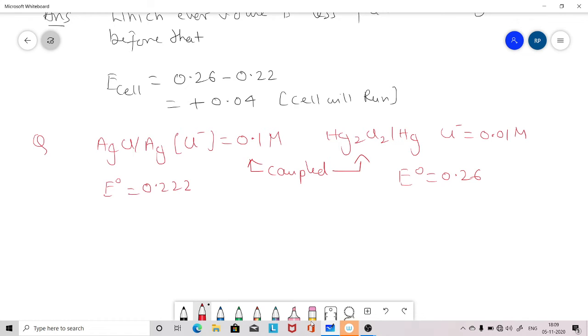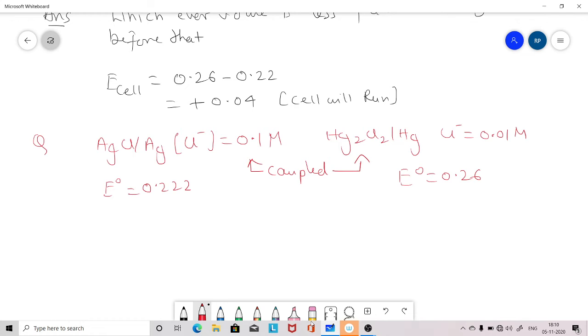Now how to see which one will get reduced and which one will get oxidized? You don't have to look at this one. First, you just have to see the E naught values, that is 0.222 and 0.26.